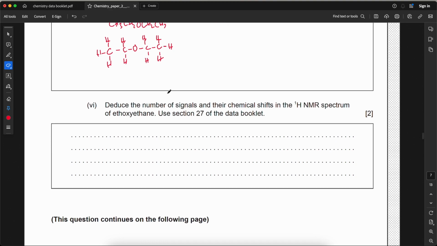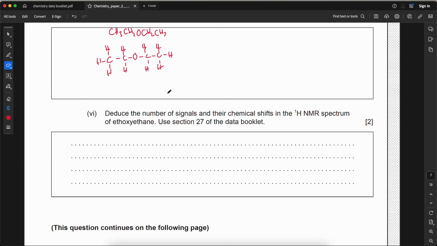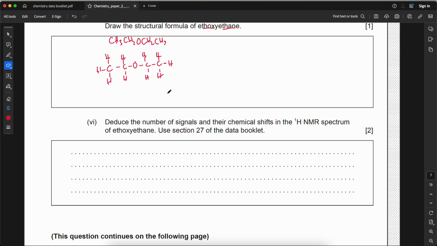Deduce the number of signals and their chemical shift in the 1H NMR spectrum of ethoxyethane. So as you can see, it is symmetrical. So this CH3 and this CH3 will be the same. This CH2 and this CH2 also will be the same. So we have only two signals.